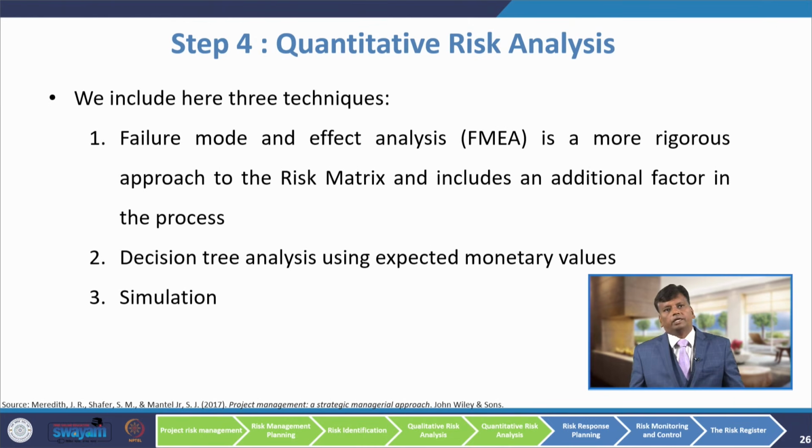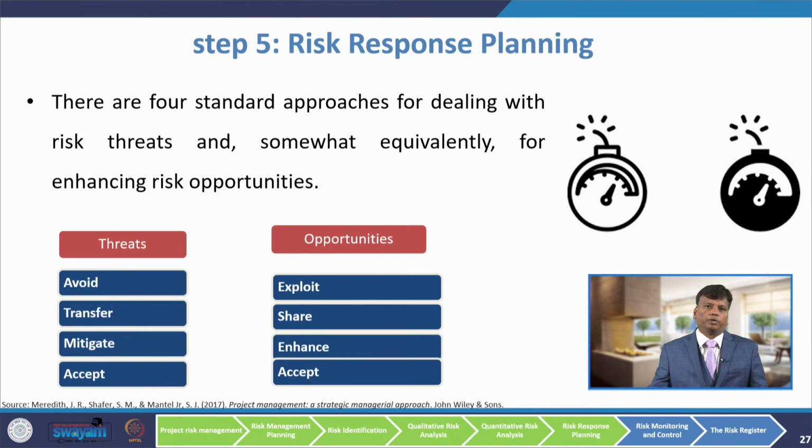We are going to study 3 techniques for analyzing the risk quantitatively. One is failure mode and effect analysis, second is the decision tree, third is simulation. Failure mode and effect analysis is a more rigorous approach than the risk matrix and includes an additional factor in the process.